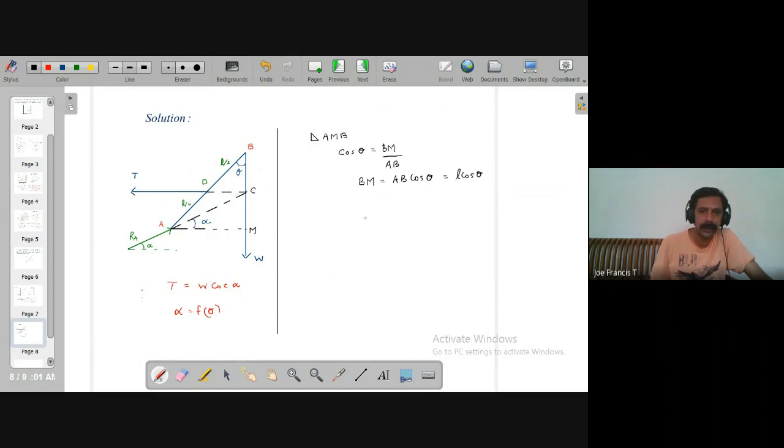So you got BM. Now CM will be exactly half of that, so CM is BM by 2. So it will be L by 2 cos theta. Let's put this as equation 3. Now again, if you take sine theta, sine theta is opposite side by hypotenuse, so AM by AB.